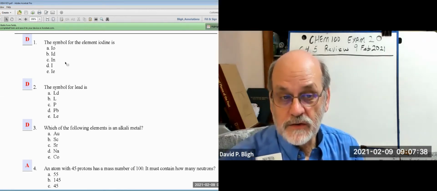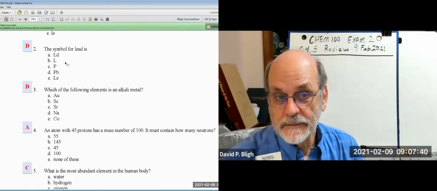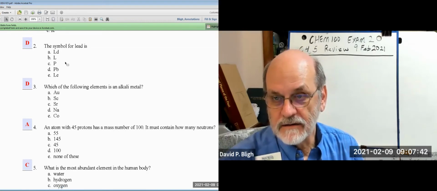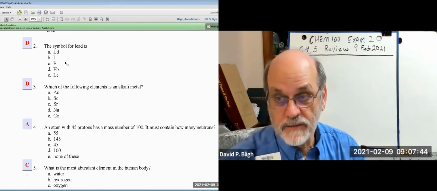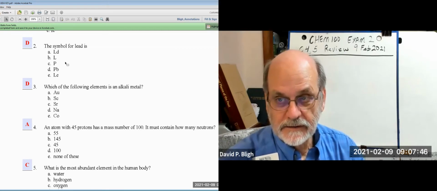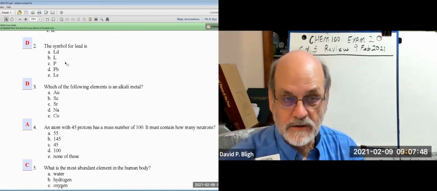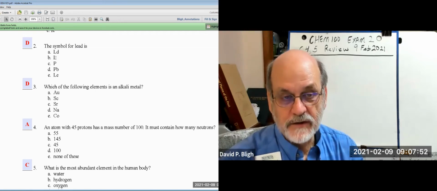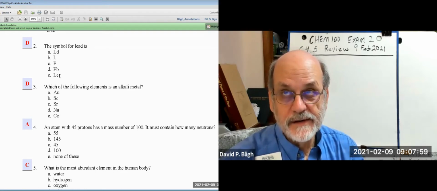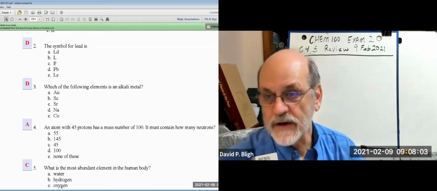Then you have those like number 2 that don't follow from the English, right? They're derived from the Latin words. So lead, in fact, there's no element with L, there might be one with LD or LE, but P is phosphorus.